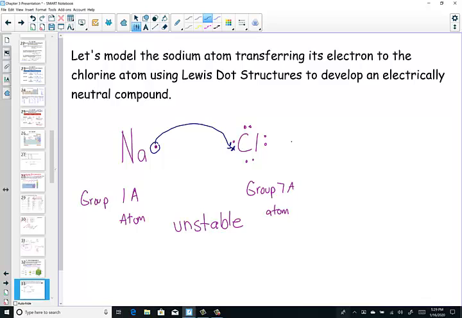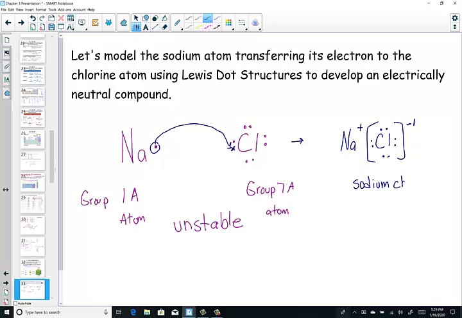And when it does so, we result with an ion of sodium, no dots, it gave it up, but it now has a plus charge. And you have chloride, which now has 8 dots and a -1 charge. Say the name of the positive just as it sounds from the elemental chart, sodium.